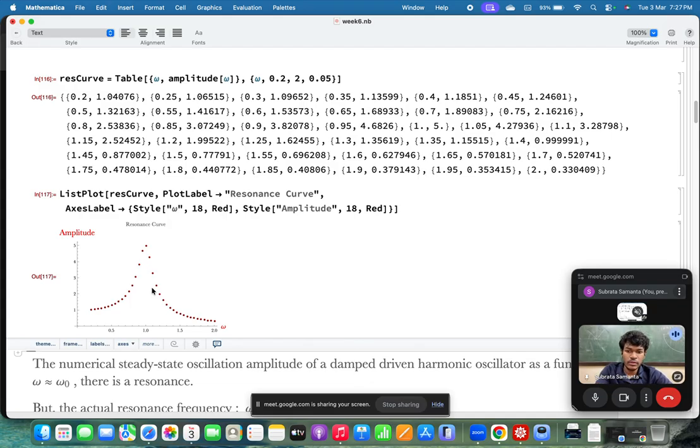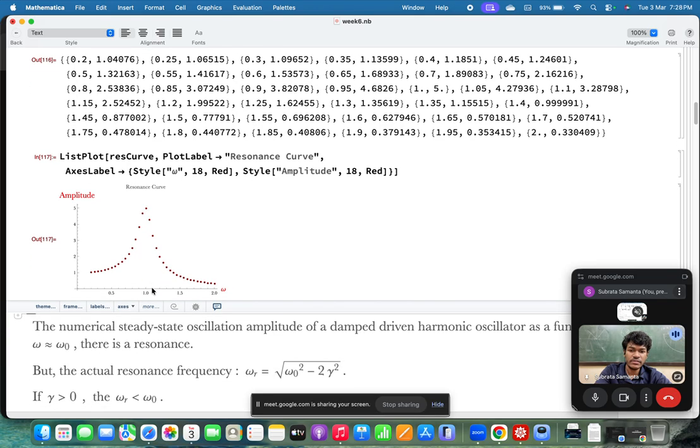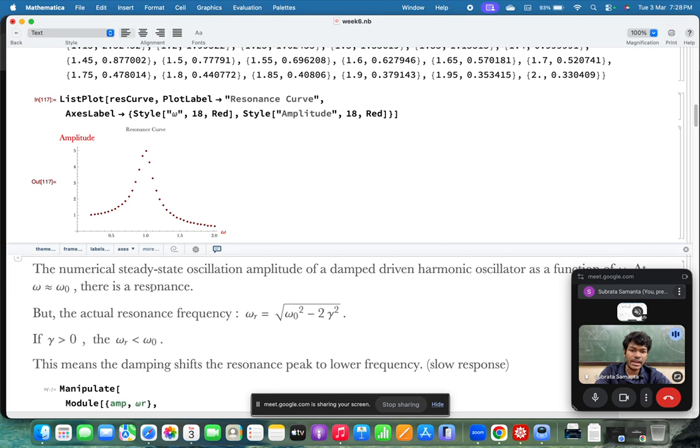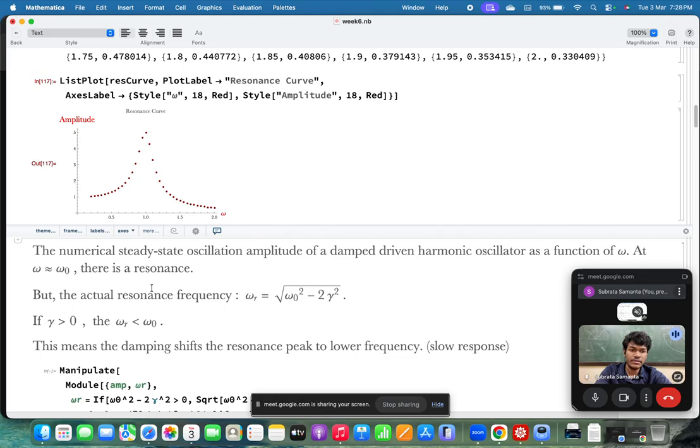So you vary omega from 0.2 to 2, and you see that once you get close to omega naught, here omega naught is basically 1, there is a resonance. So this is the numerical steady state oscillation amplitude of a driven harmonic oscillator as a function of omega.